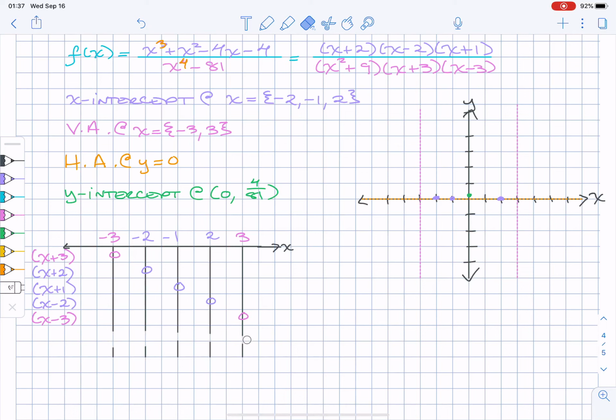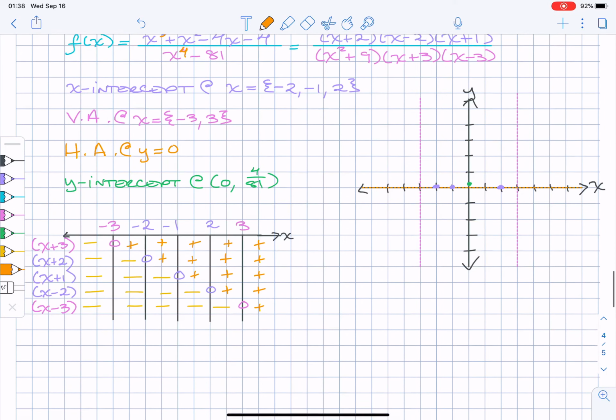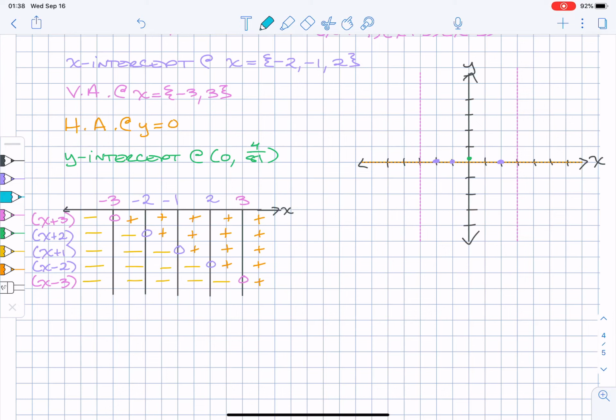I can erase all of this. Okay, so what do I know? I know everything to the left of 0 is negative. And everything to the right of 0 is positive. Okay, so what do we have? 1, 2, 3, 4, 5 negatives is negative, so that's going to be beneath the x-axis.